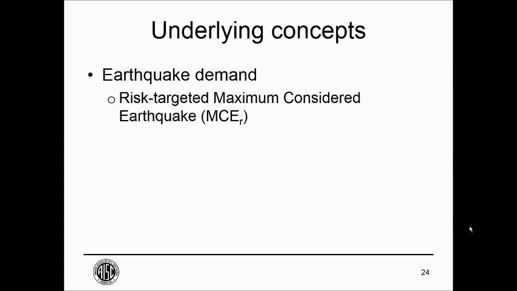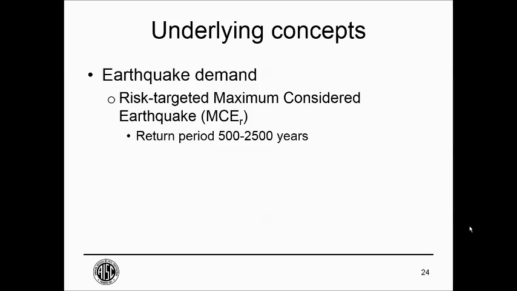So previous editions of the ASCE 7 used MCE, and now there's a risk adjustment factor, which sometimes is close to 1, sometimes it's a little bit less than 1, or perhaps even a little bit greater than 1. But it's not taking us too far from the MCE. Generally the maximum considered earthquake in a lot of the country has a return period of just under 2,500 years.